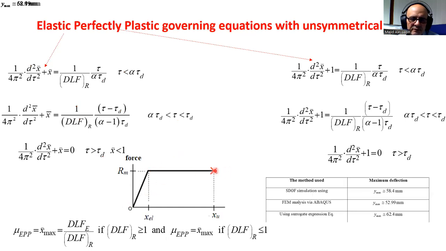And for this part, we have equations for rising time, equations for falling time, and equations for no blast. So this is the reason we have six sets of equations. We can simulate this and calculate the ductility ratio, either in the elastic or in the plastic range.